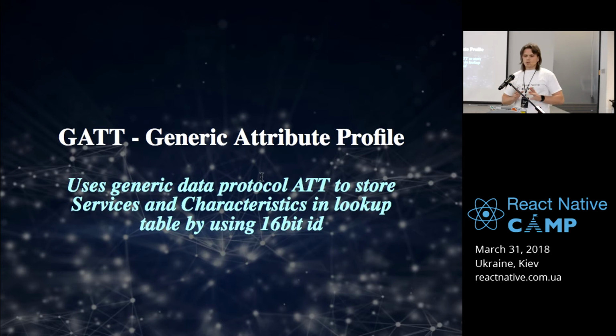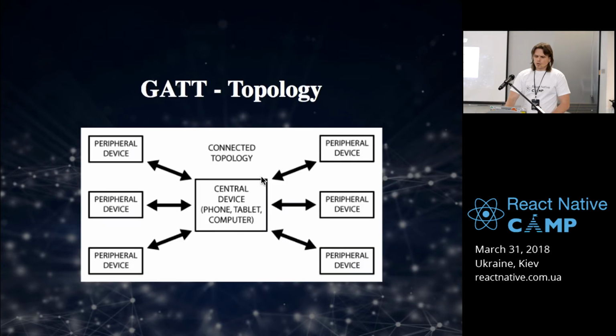So GATT is generic attribute profile, part of BLE. And for Bluetooth, we store so-called services and characteristics. It's in a table that uses 16-bit IDs. The topology looks really similar to GAP, but notice the difference. We have a peripheral device and we have two-way arrows, right?